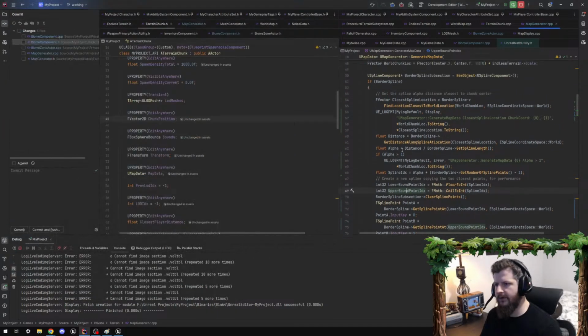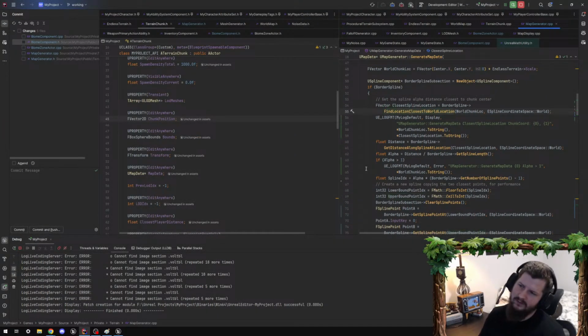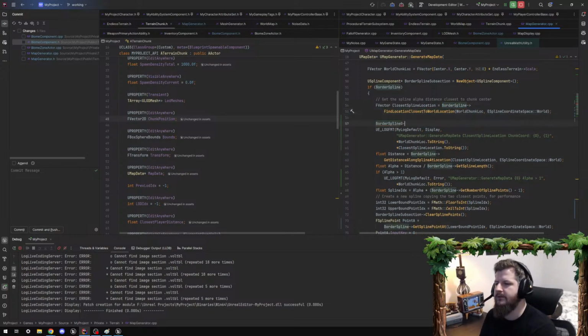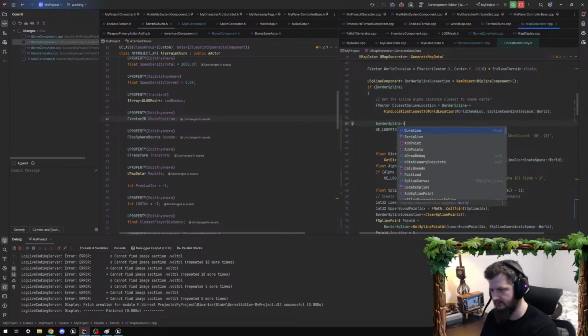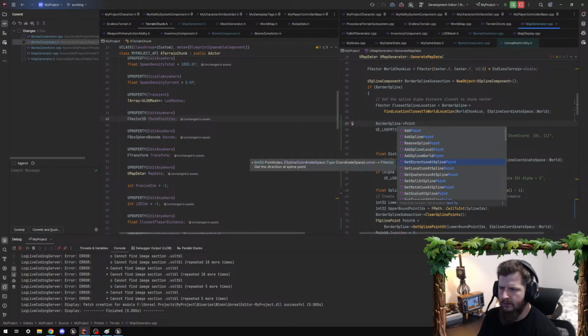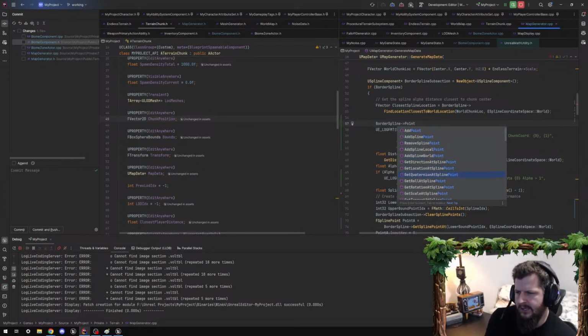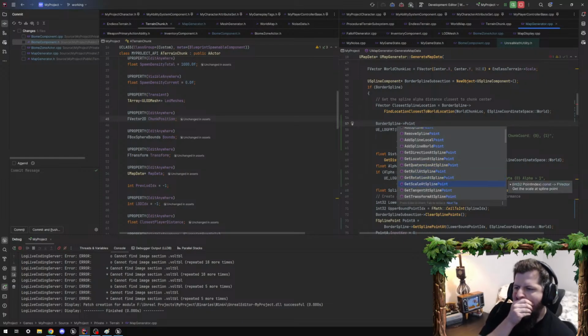I wonder if I were to get find closest. What other functions do I have here? Get location at spline point.